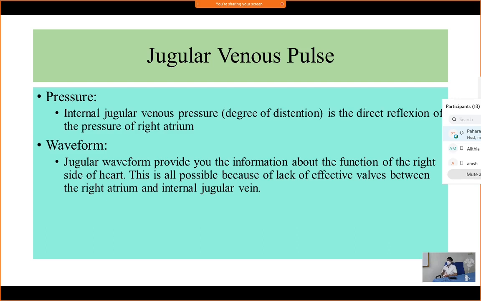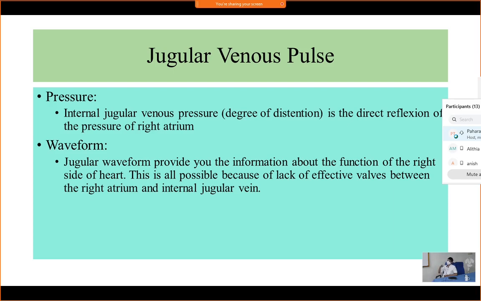So here also it is the same thing: the change inside the atrium due to subsequent systole and diastole produces waves, and these waves travel to the different venous systems.